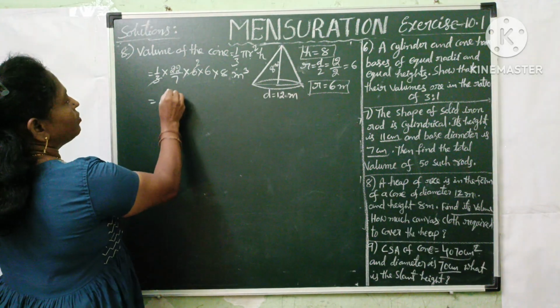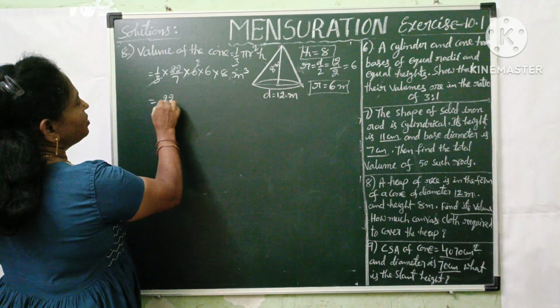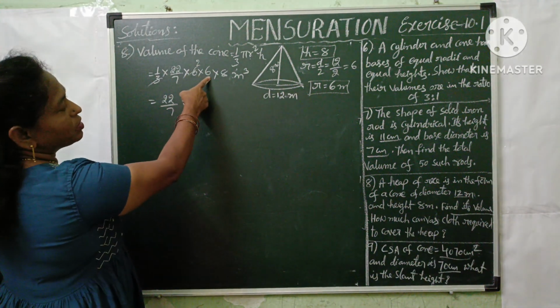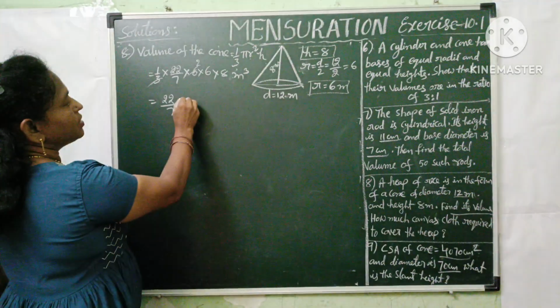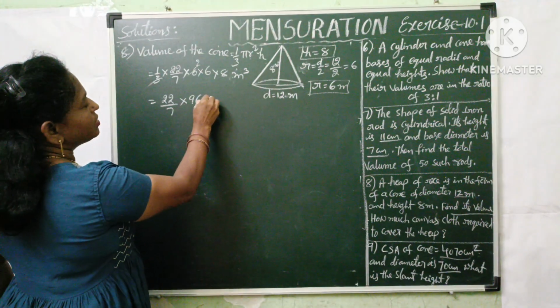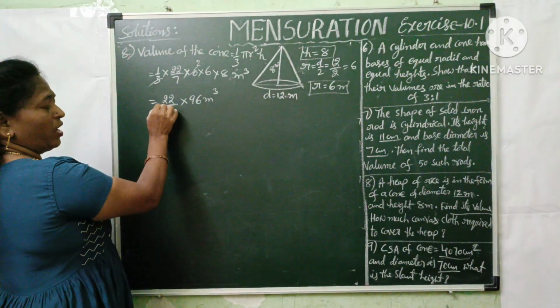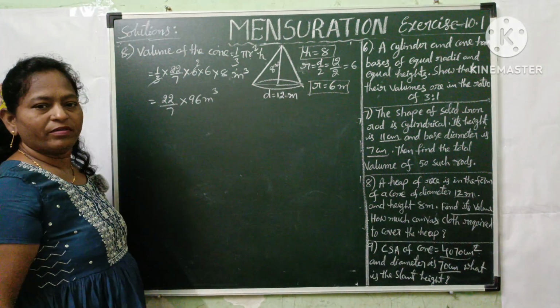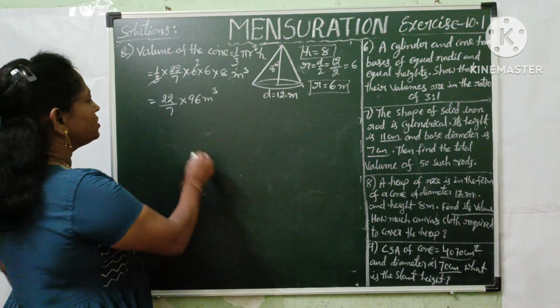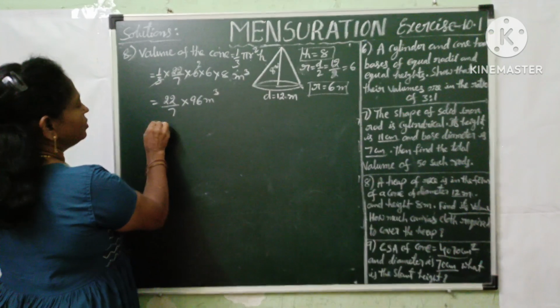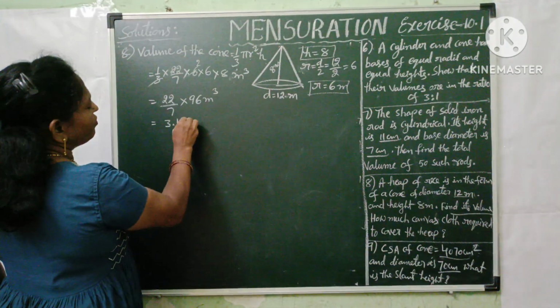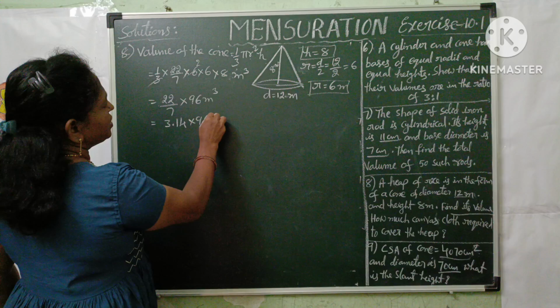What is left over? 22 by 7. 6 2s are 12, 12 8s are 96. Into 96 meter cube. Here simply we have to write 22 by 7 value 3.14. Yes or no? That is equal to 3.14 into 96 meter cube.